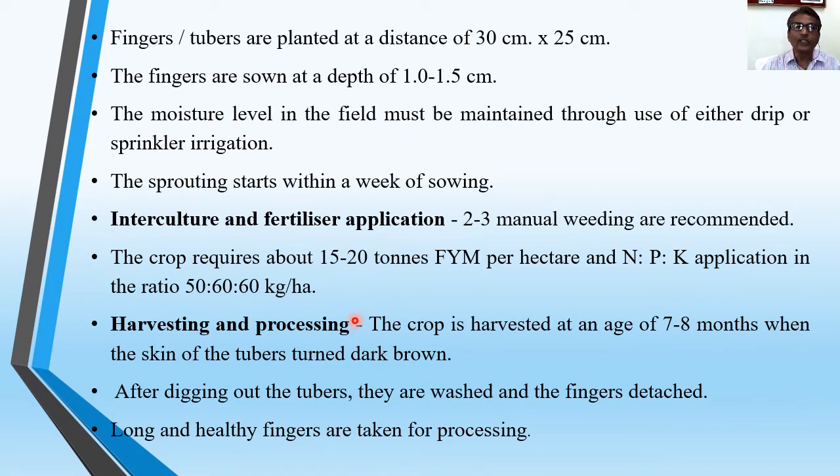The fingers or the tubers are planted at a distance of 30 by 25 centimeters. The fingers are sown at a depth of 1 to 1.5 centimeters. The moisture level in the field must be maintained through use of either drip or sprinkler irrigation. The sprouting starts within a week of sowing.